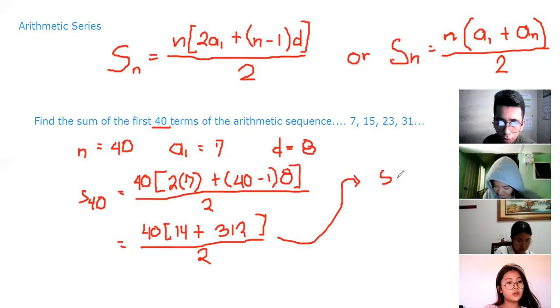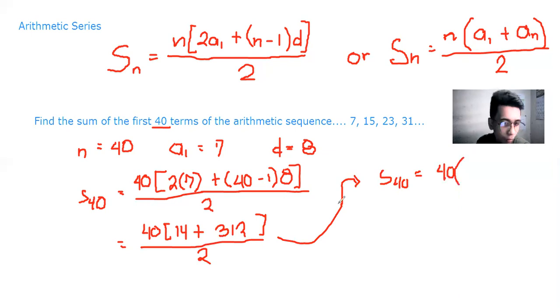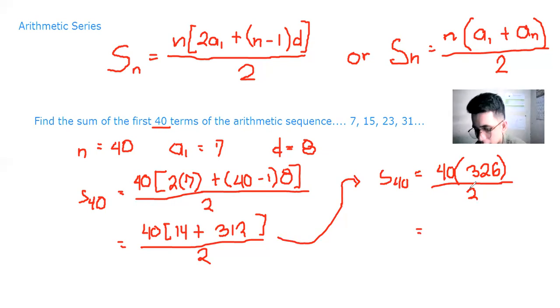Then, S sub 40. So, 312 plus 14, that is 326. Then 326 times 40, over 2 natin to. 326 times 40, divide 2. 13,040.